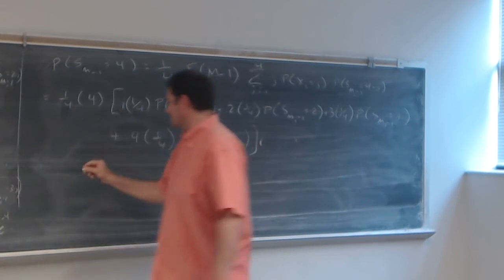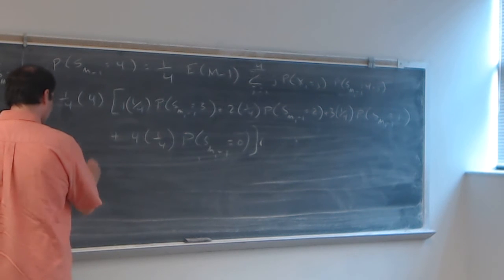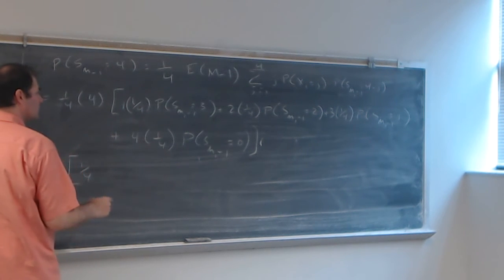Okay. So this is 1. So we're just ending up with this sum. So it's 1/4, and the probability that S of m sub 1 minus 1 is equal to 3.